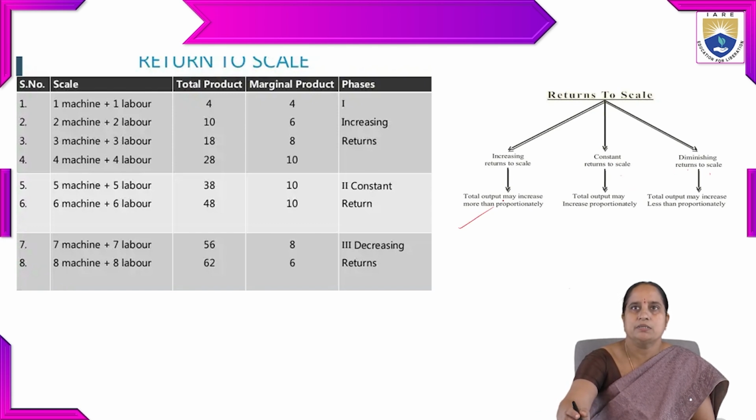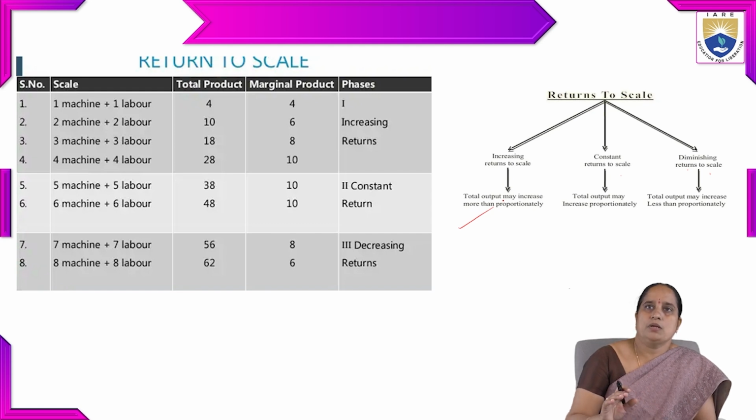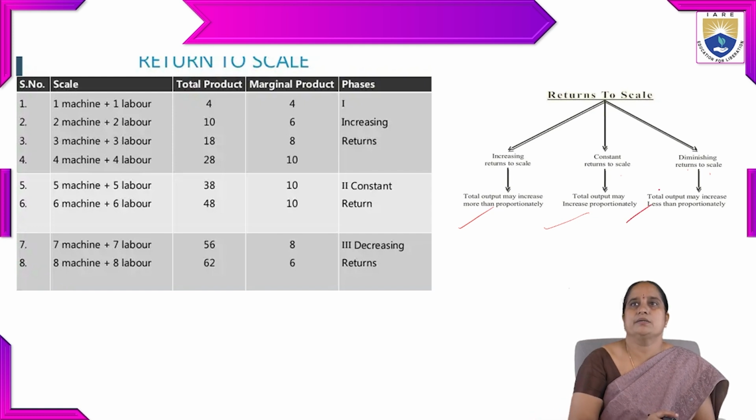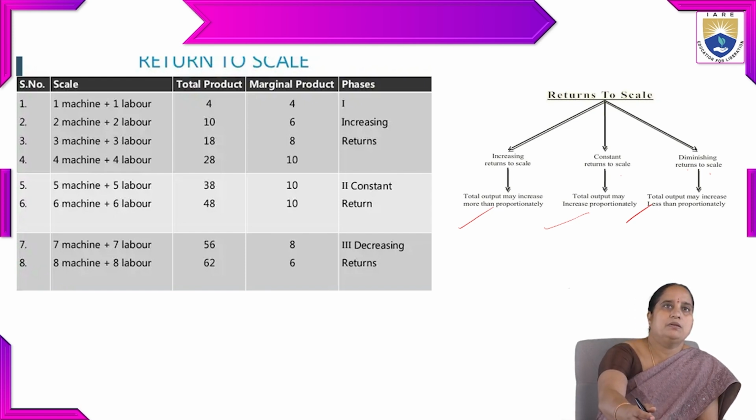In case of increasing returns to scale, total output may increase more than proportionately, and coming to constant returns to scale, total output may increase proportionately, and coming to decreasing returns to scale, total output may increase less than proportionately. If you see this table, whatever scale we are going to take, the combination of variables, one machine plus one labor, the total product is 4 units, marginal product is 4.